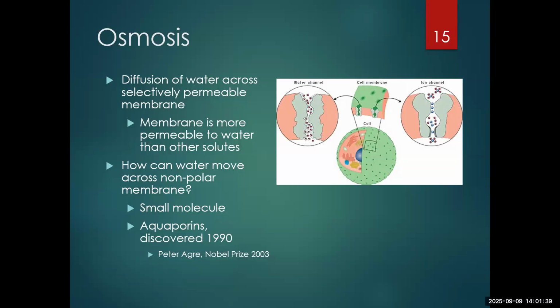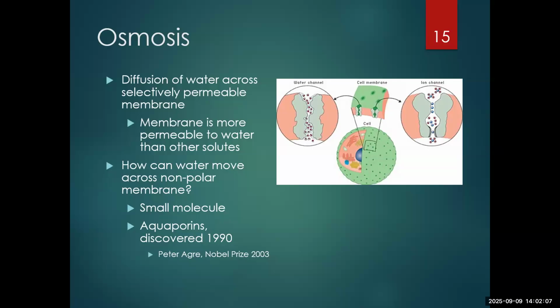So first question is, why can water cross and not these guys? Because water is actually, well, it's water soluble. It's what we would call polar. Most polar substances can't cross, but remember, what is the chemical notation for water? How big is the molecule?